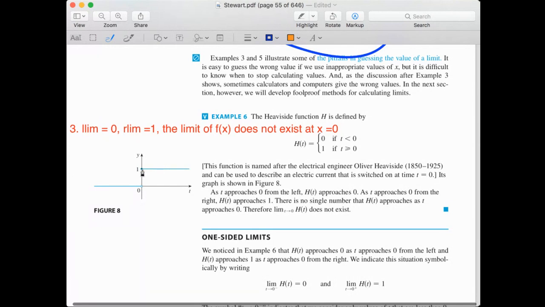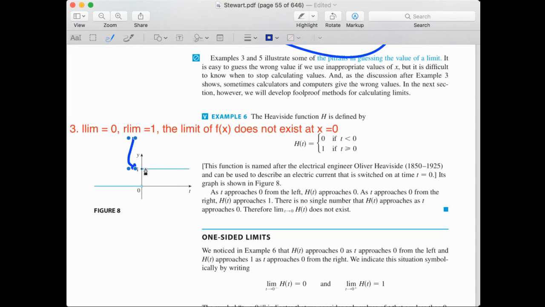From the right, what do we see here? It approaches 1. So that's why the right limit equals 1, right here, from the right-hand side.